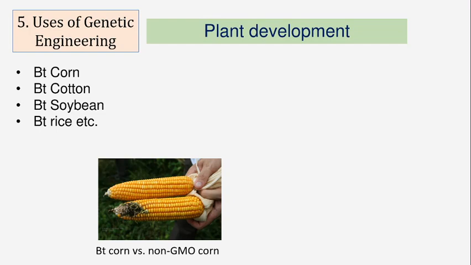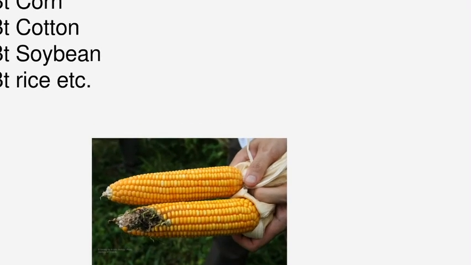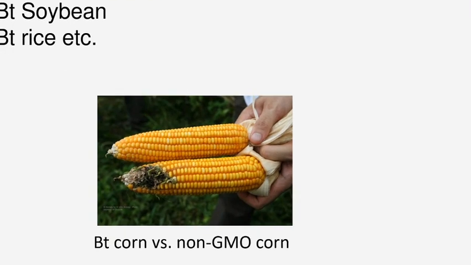First we see an example and comparison between BT corn and non-GMO corn. As BT corn is a GMO corn and the other is non-GMO corn, we find some differences. The BT corn, the upper one, is healthy and is not attacked or infected by pests, whereas the bottom corn, the non-GMO corn, is infected by pests and has been attacked.